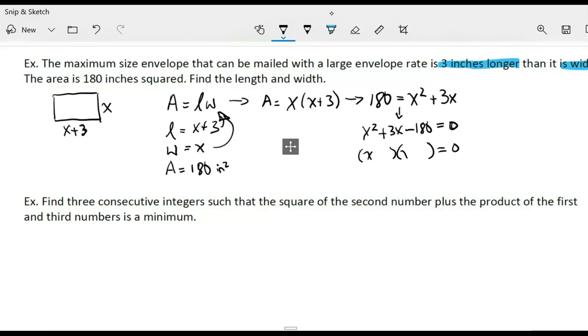X times x would be the x squared. And then for this, we're going to look for two numbers that if I multiply them together, I get negative 180. And when they combine to 3. Multiplied to negative 180 means one's going to be positive and one's going to be negative.